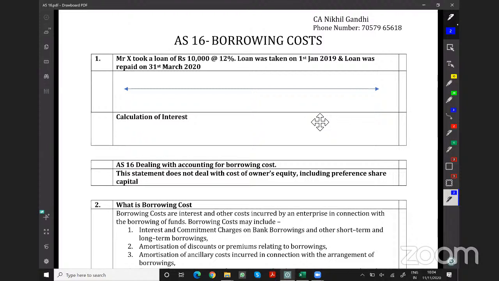Like interest, like you have paid any loan fees, processing fees, and so on. It should be debited to profit and loss account. Normally, it should be debited to profit and loss account, but in a few cases, the borrowing cost should be capitalized. Okay, we will understand that as well.